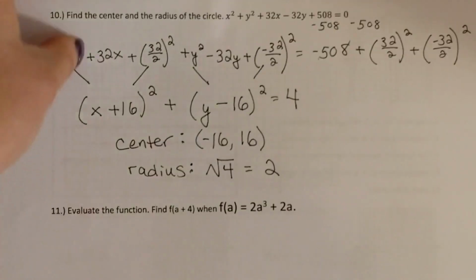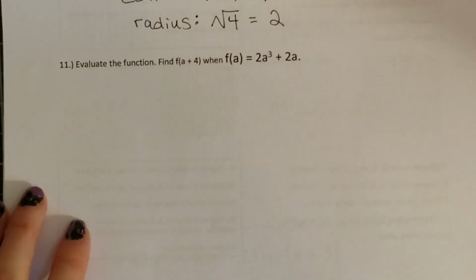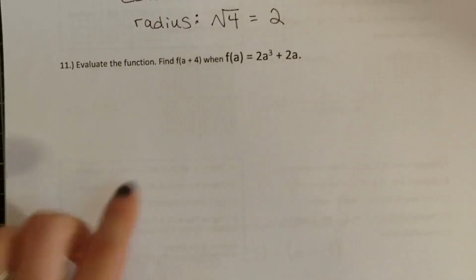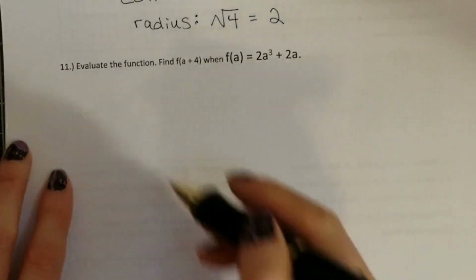Okay, number 11. Evaluate the function f of a plus 4 when f of a equals 2a to the third plus 2a. Okay, so basically you're taking this and plugging it into the a's.